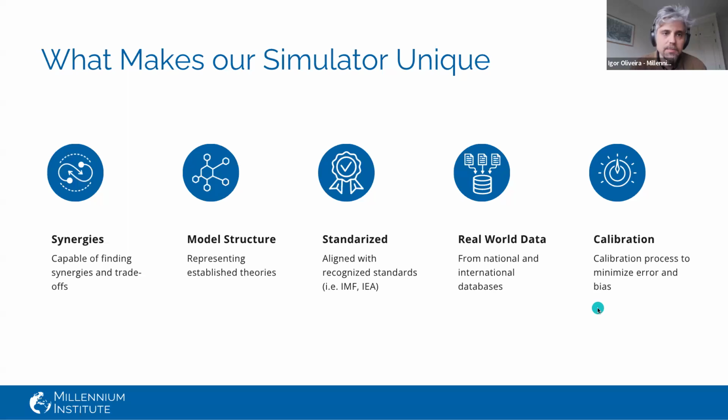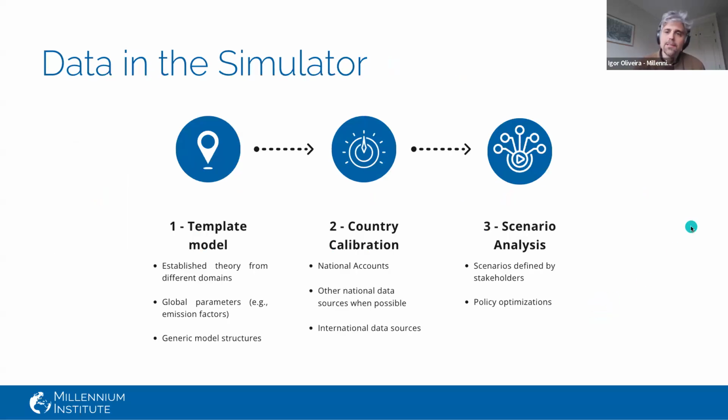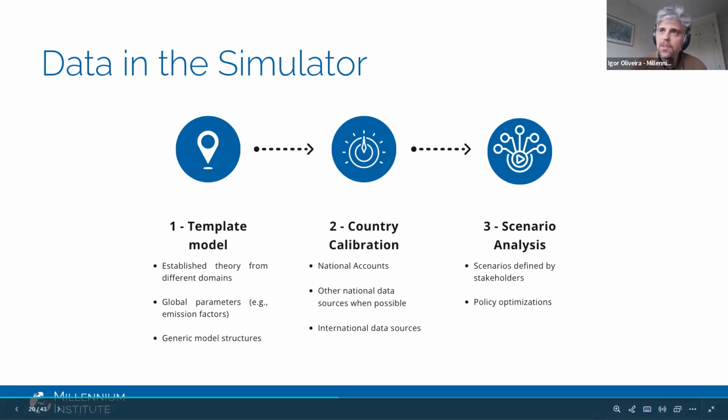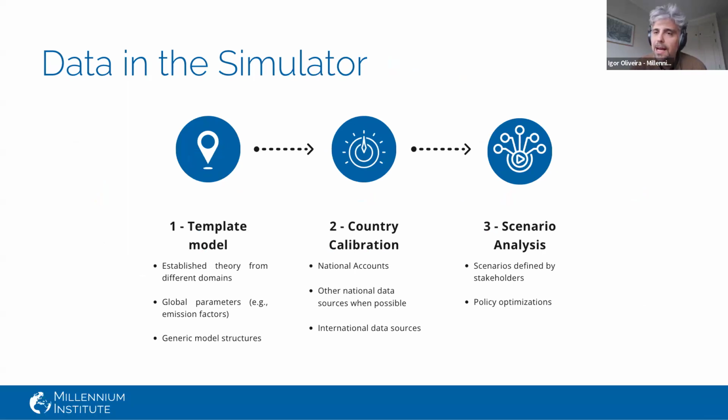Next. So first, it's important to show this landscape, this bird's eye view of how data is used in this modeling framework, which is a bit different perhaps from other types of models that you have experienced.